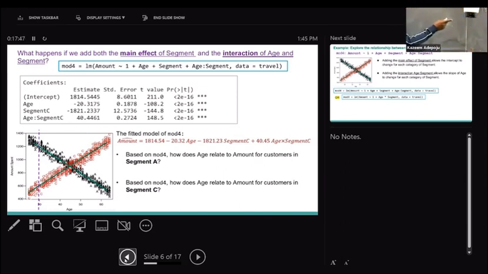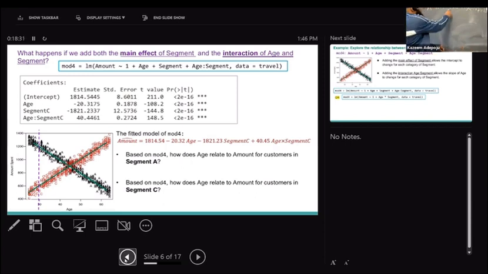Now, what I'm trying to say in essence is this: 181.454 minus 20.32H, minus 1821.33, plus 40.45H1.